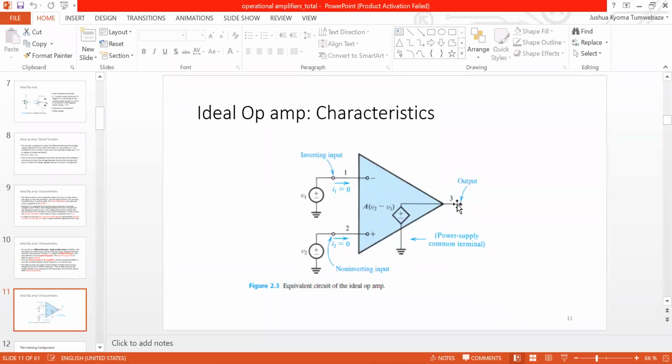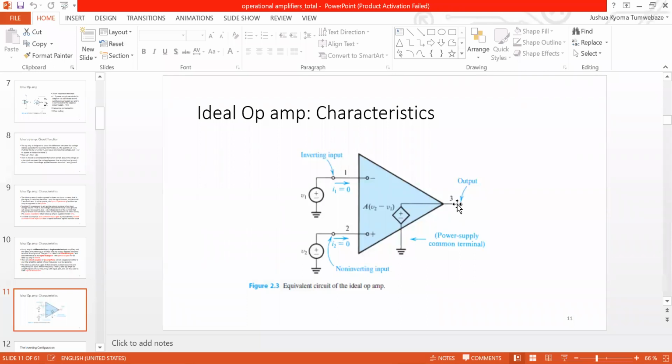It would be 0. So that is what we're saying, that it rejects common signals. Noise will usually appear at both terminals with the same amplitude, same frequency, and so on. In that way, such a signal is rejected, and that is what we're calling common mode rejection.